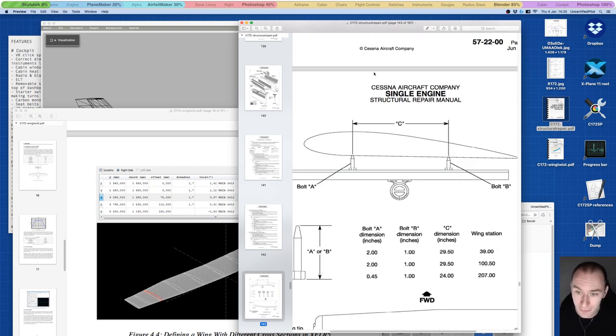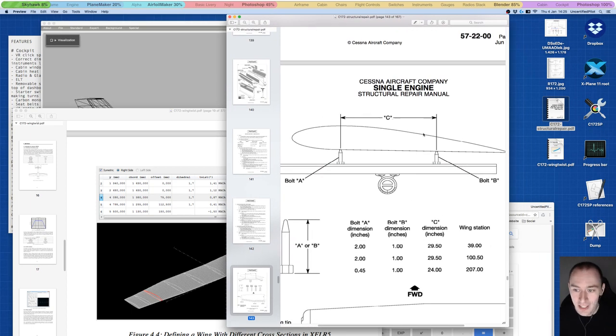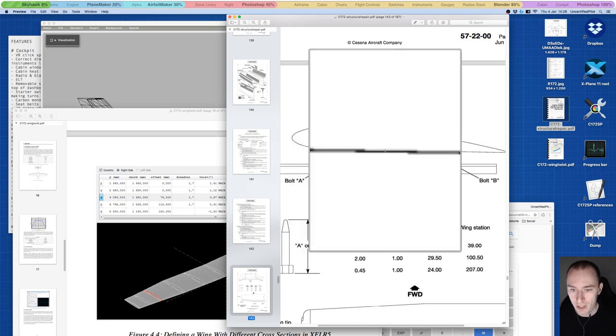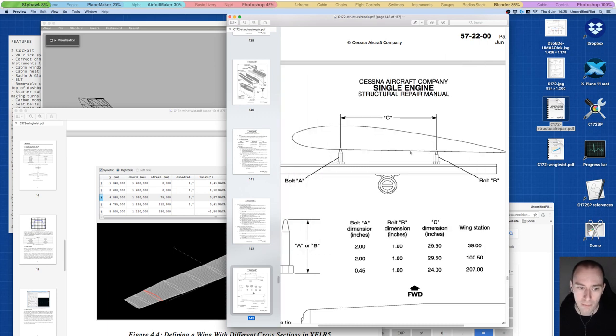And I still need to find that information. These angles that we are referring to, or these bolt heights, are based off of the flat surface at the bottom of the wing, but I don't know whether the angle of incidence is referencing the flat bottom side of the wing or the chord of the wing.